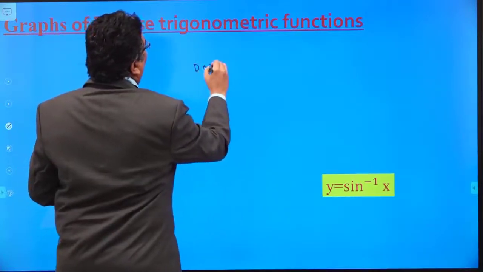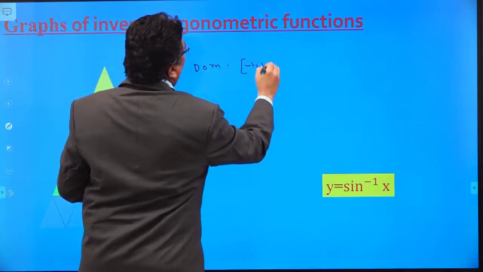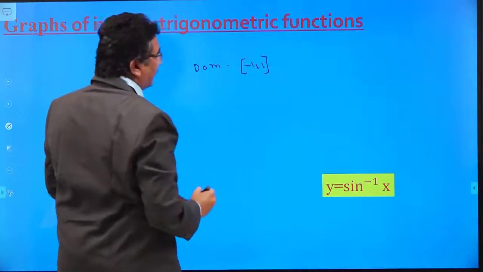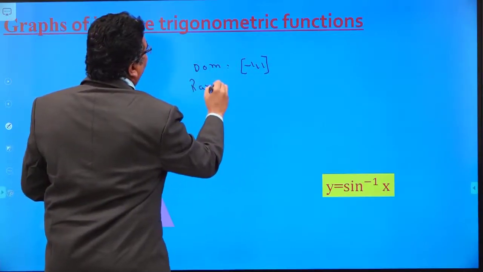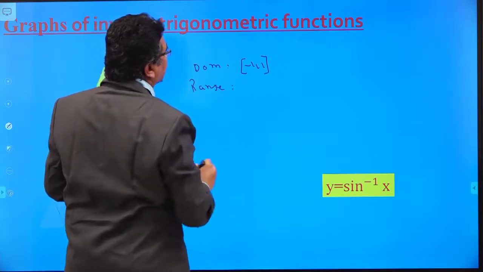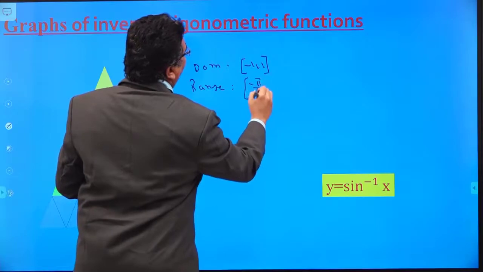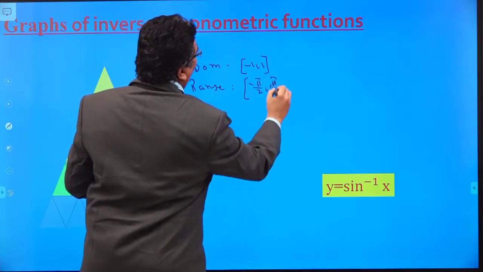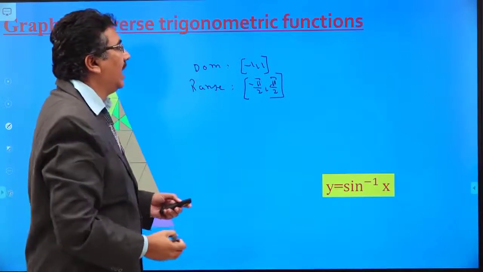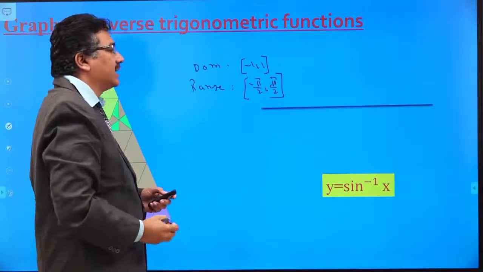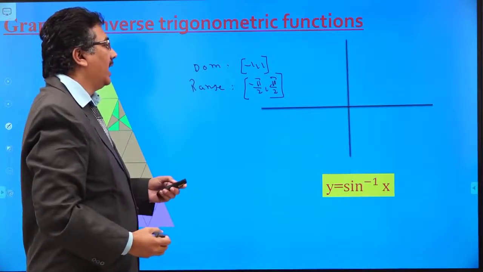The domain of sine inverse is the closed interval minus 1 comma 1. The range of sine inverse is the closed interval minus pi by 2 comma pi by 2. Right. By taking the domain values on the x-axis and range values on the y-axis.